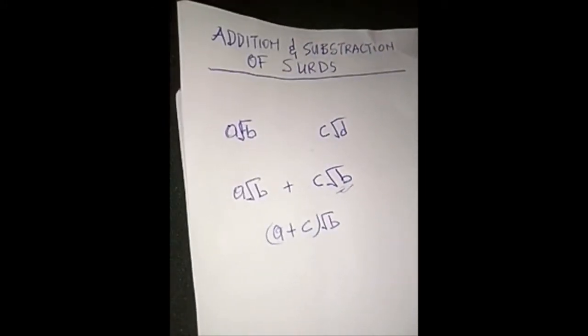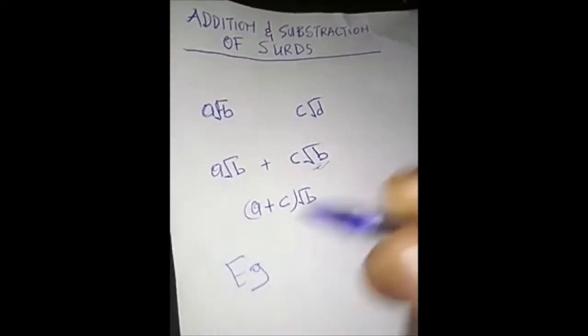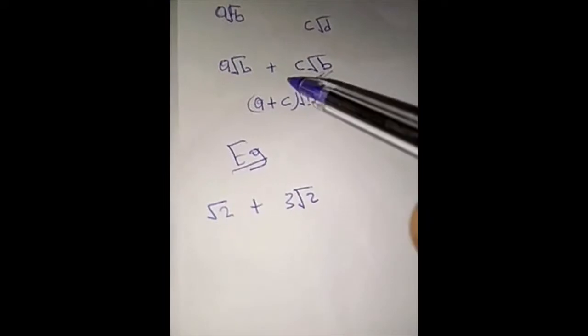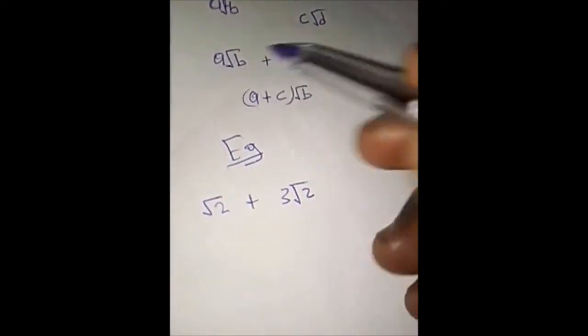Now, let's use this to work some examples and see how it goes. Let's say I'm having root 2 plus 3 root 2. How can I add these two? The rule says I should take the coefficients and add them.